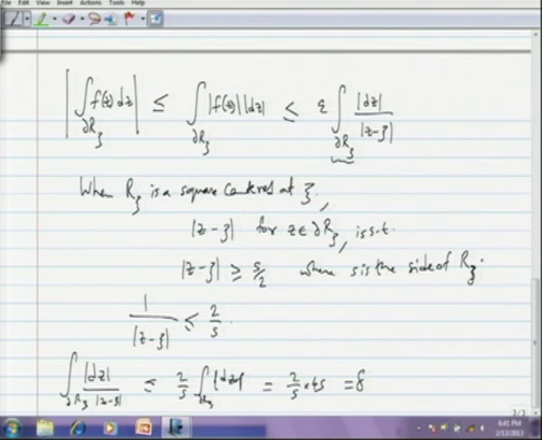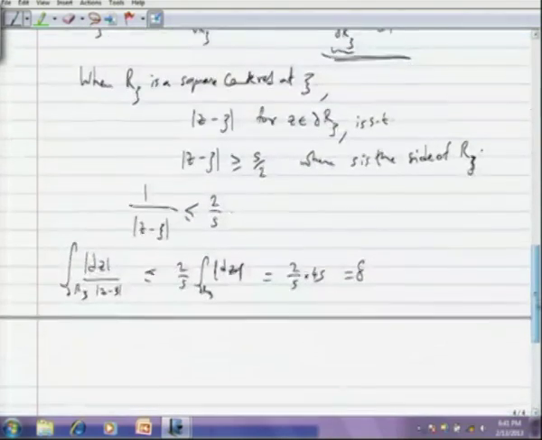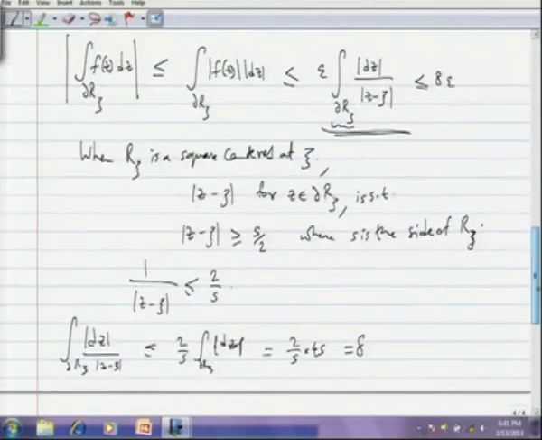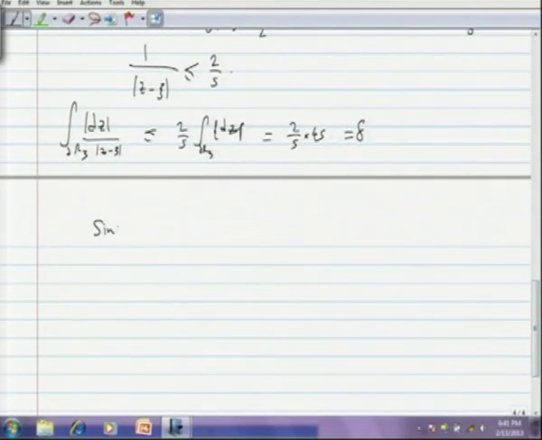So, this quantity is less than or equal to 8, and so the whole estimate is less than or equal to 8 epsilon. Since epsilon greater than 0 is arbitrary, given any epsilon I can do this.